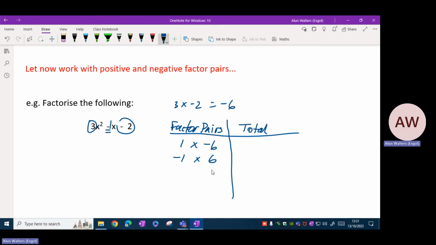We can halve that to give me 3 and double that to give me a 2, and then swap the signs around so we can have plus 2 times a negative 3. Now they all multiply to give me negative 6. If I look at the totals, that's a negative 5, that's a positive 5, that's a positive 1, and that's a negative 1. Okay, so that is what we're going to use because we want that center value to be negative 1.